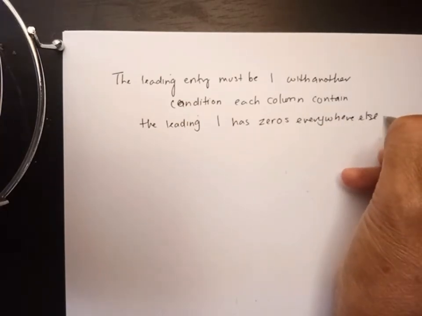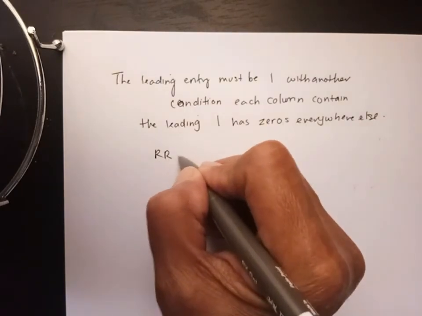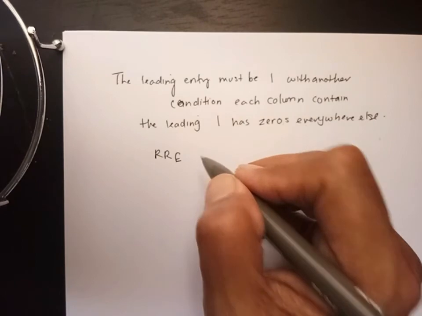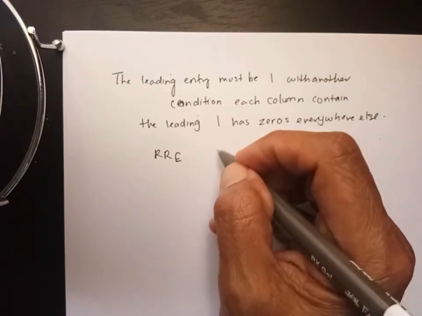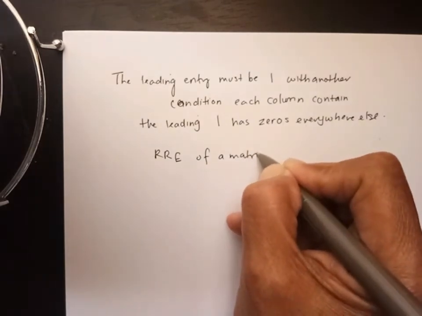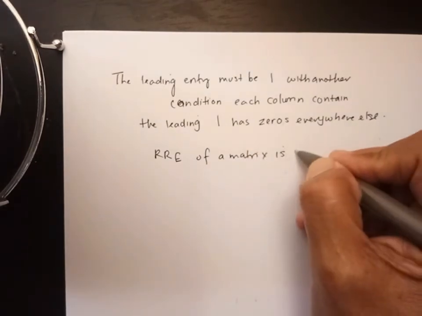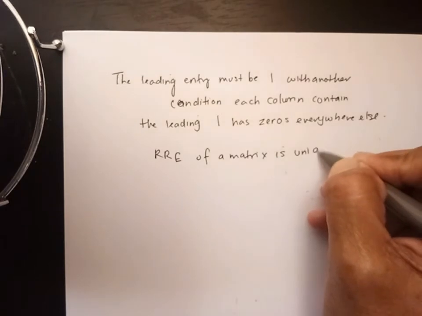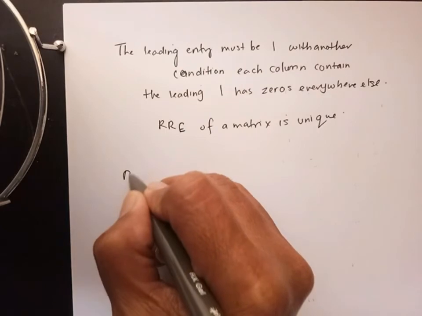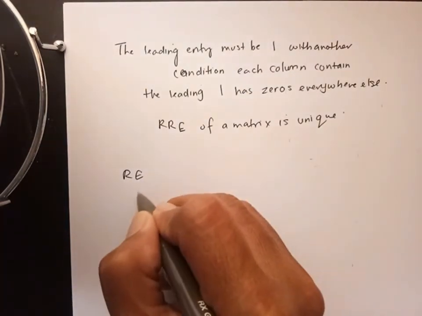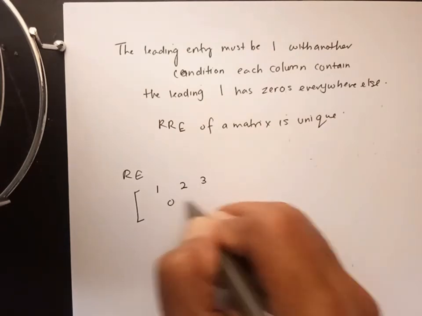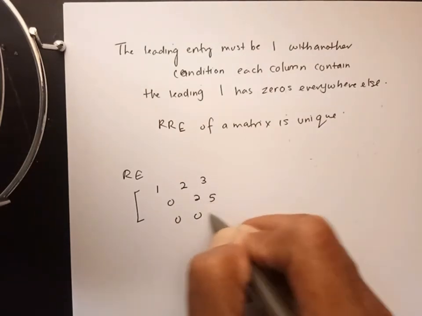And RRE form is unique. Earlier the RE form is not unique, but the reduced row echelon form of a matrix must be a unique form. Earlier we have the RE form, which is the matrix given by 1, 2, 3, 0, 2, 5 and 0, 0, 4.